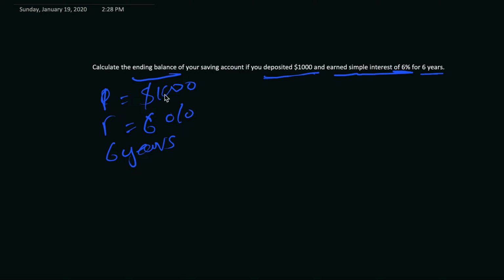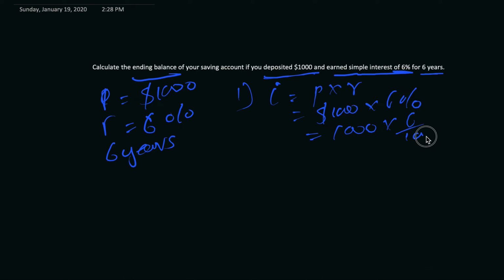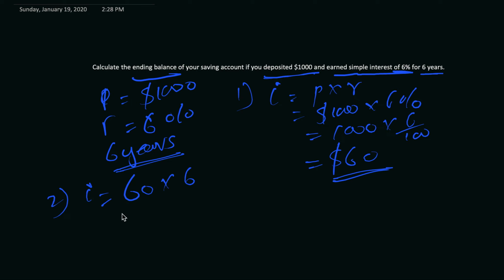And all of these problems follow a similar pattern. First, we have to find out what the interest is, which is nothing but P times R. So $1,000 times 6%, which is nothing but 1,000 times 6 over 100, $60. Now this is for 1 year and we are interested in 6 years. So the second step would be 60 times 6, which is nothing but $360.